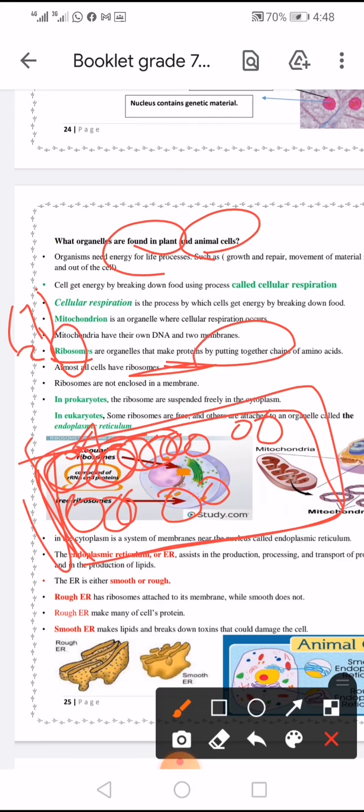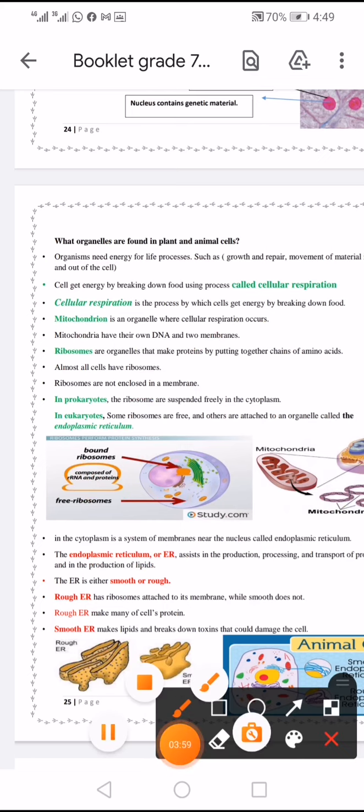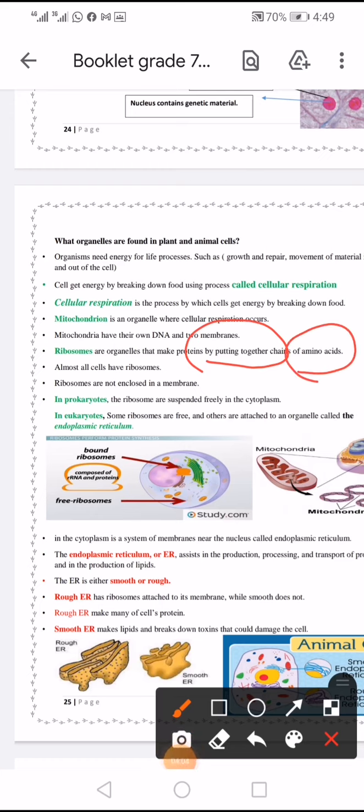So the job of ribosome is to collect amino acids and put them together in chains to form a protein. Almost all cells have ribosomes. Whether plant or animal cell, all have ribosomes.